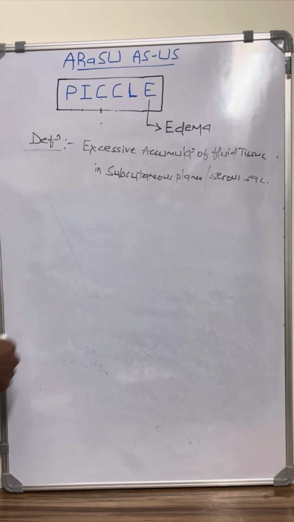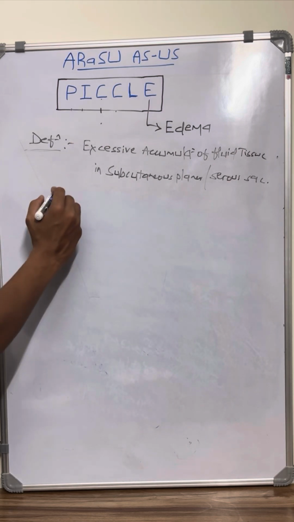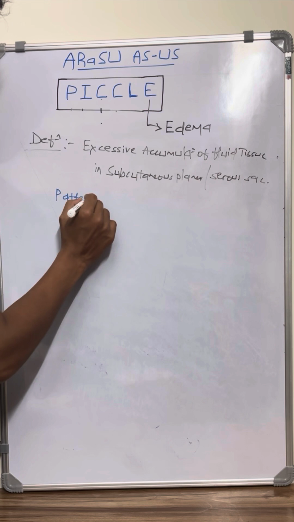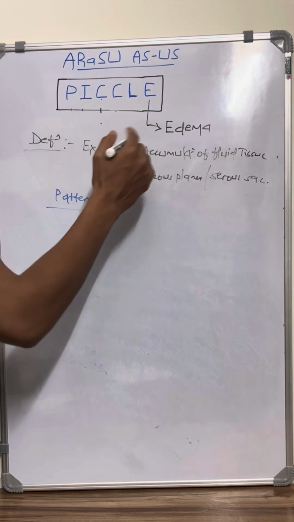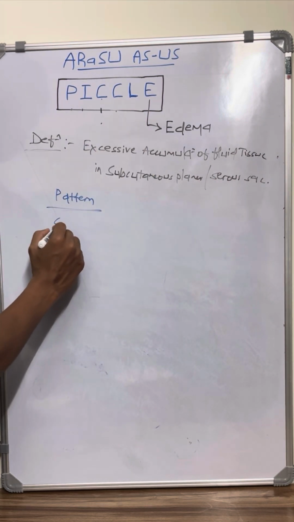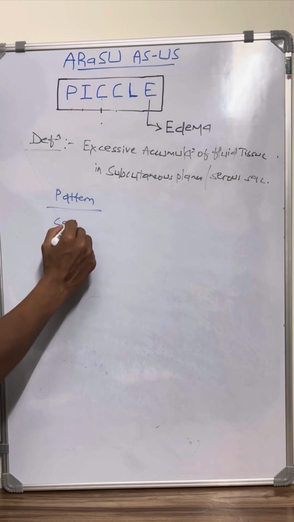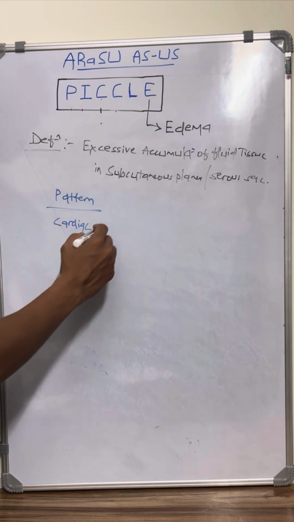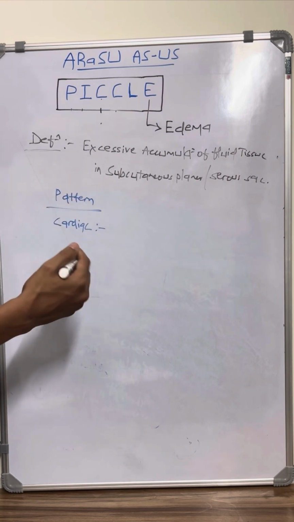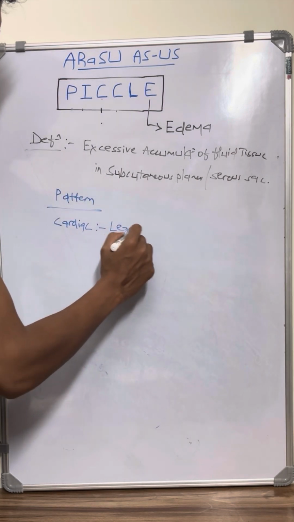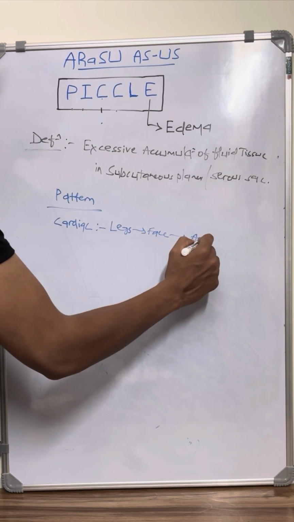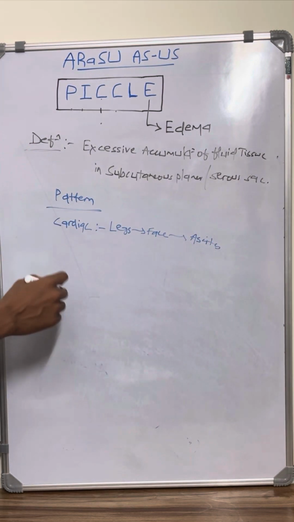And one more thing in edema is that the pattern of progression of the edema is a very important pattern to get the clue about the disease. For example, in cardiac failure, suppose it is cardiac related edema, first we will see edema in the dependent areas, mainly legs, then the face might be involved, then ascites or abdominal edema we can see.